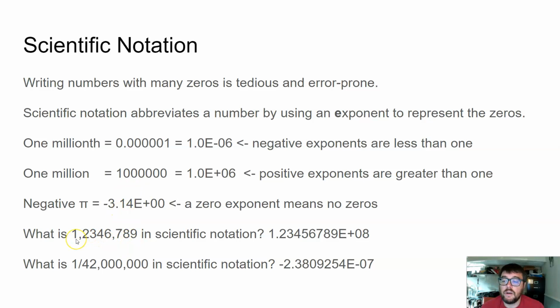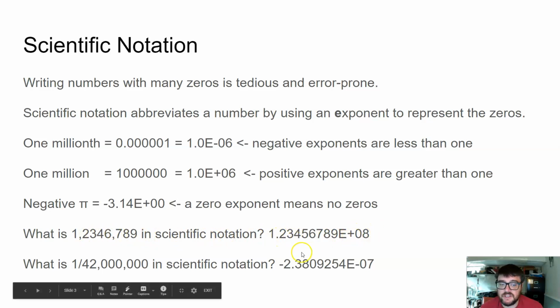So if you look at, I put the comma in the wrong place, 12,346,789 in scientific notation is 1.2345678 e to the 8th. I think that actually should be e to the 7th. That's annoying. Type that into Excel and it'll probably be 1.23 e to the 7th. I'll change that in a sec.